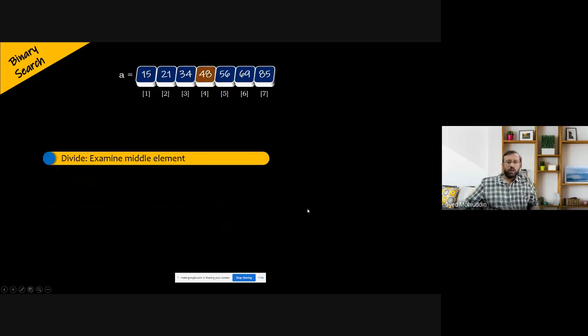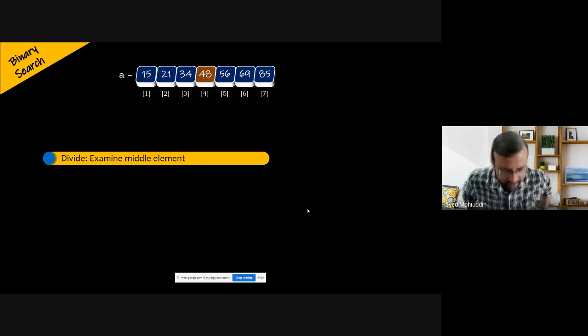Now, we said that binary search uses the divide and conquer approach. Now, divide and conquer approach has three phases. So the first phase is divide.